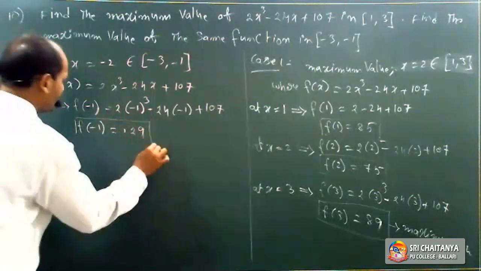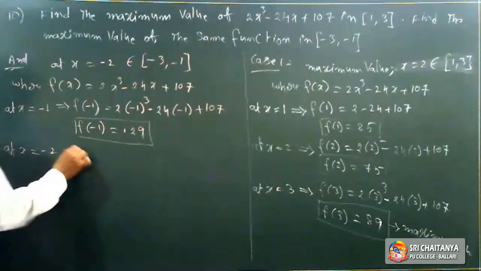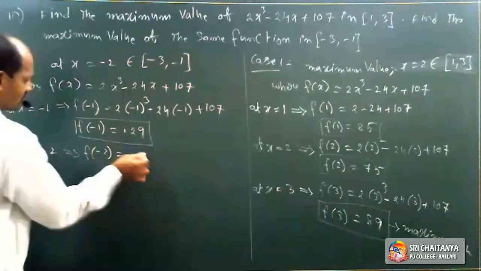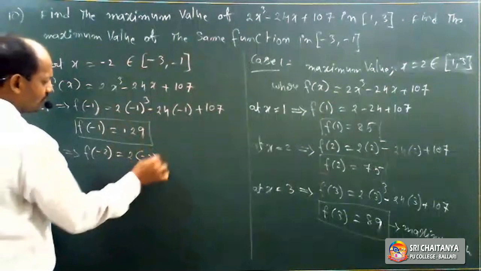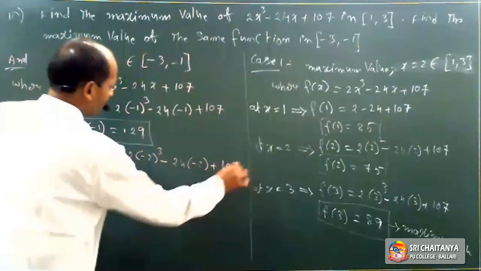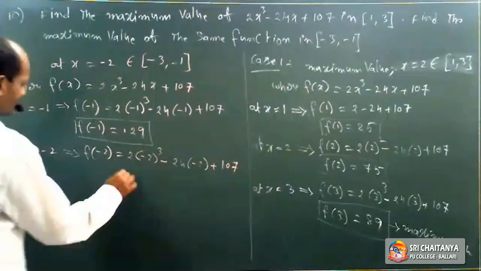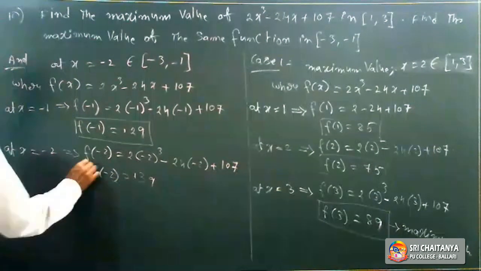Next, at x = -2, f(-2) is equal to 2 into (-2)^3 - 24 into (-2) + 107. Then we get 139. It is f(-2).